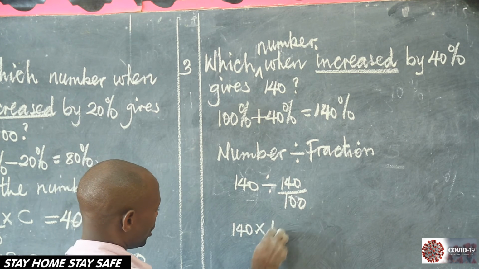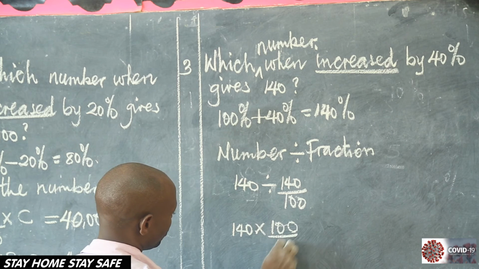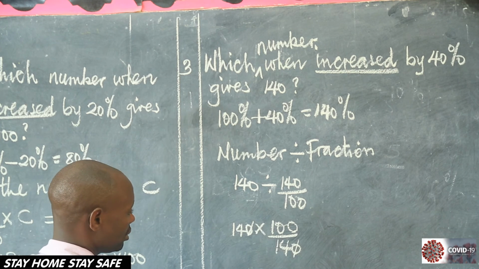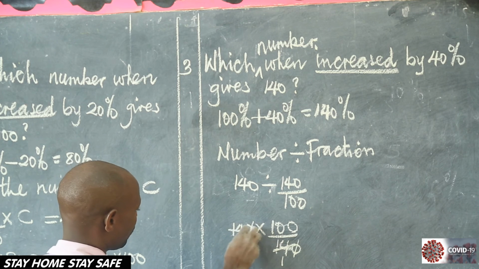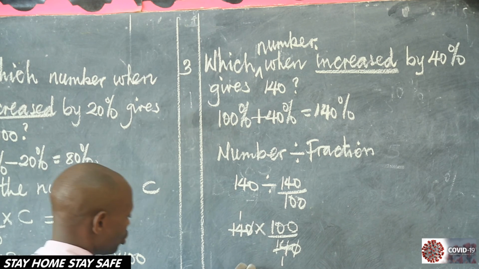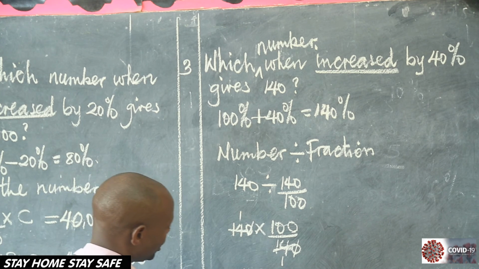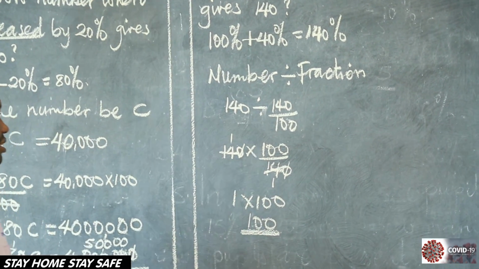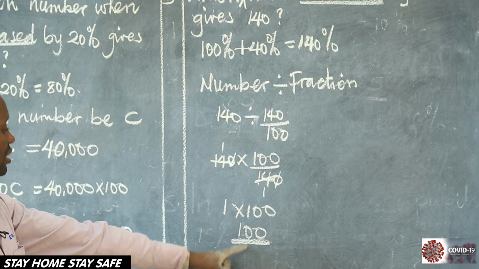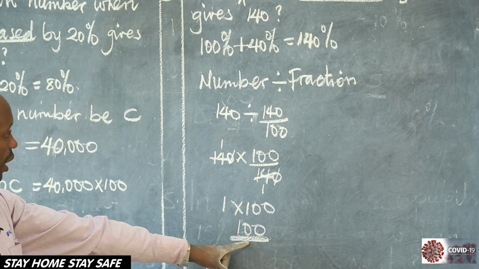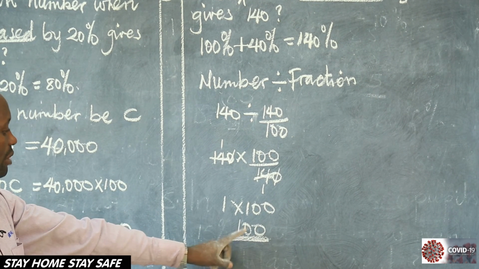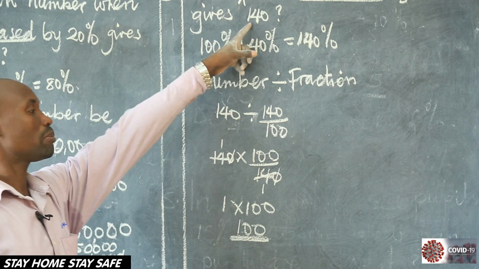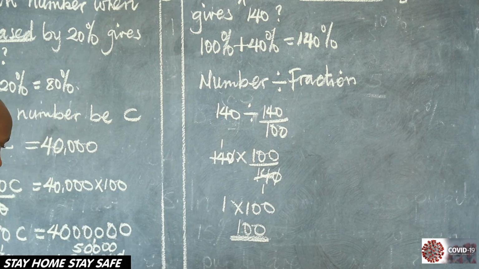It's going to be 100 out of 140. We reduce a 0 by a 0, by 14, 1, by 14, 1. So we shall have 1 times 100, which will give you 100. This one means that when you increase 100 by 40%, you will come up with 140.